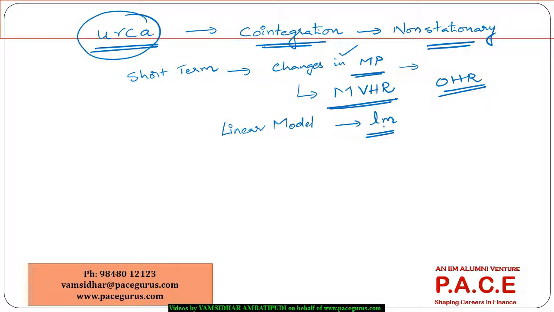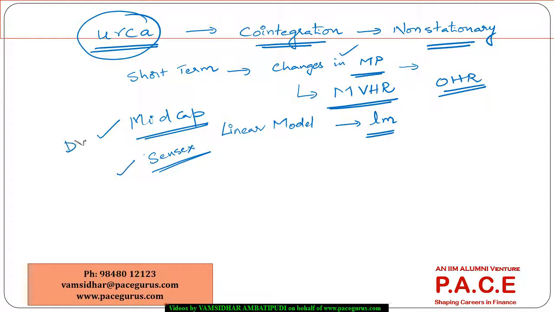So this particular linear model will talk about the changes in your mid-cap prices, how much of the changes in the mid-cap prices are explained by the changes in the Sensex values. So to what extent the changes of this are explained by this.